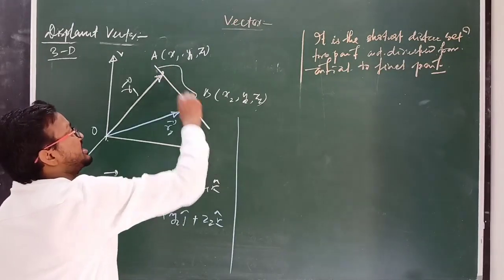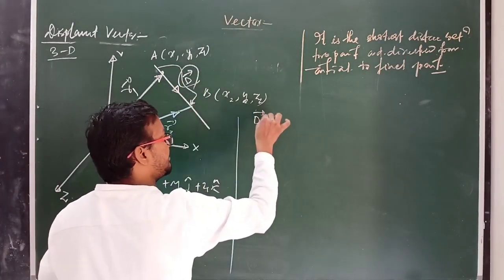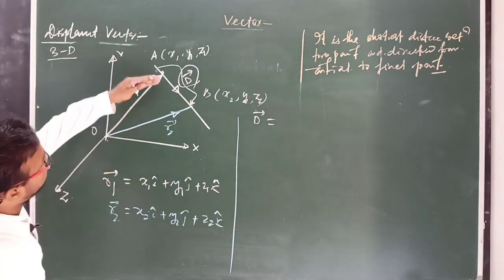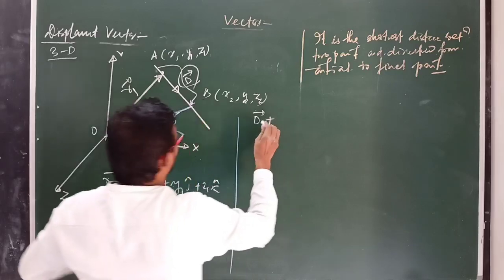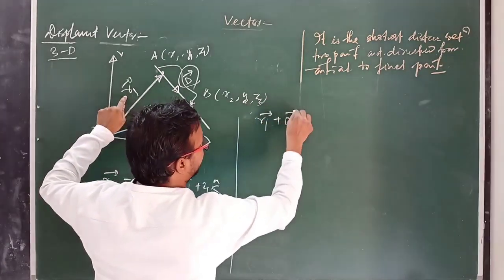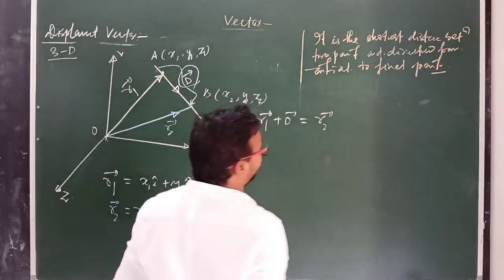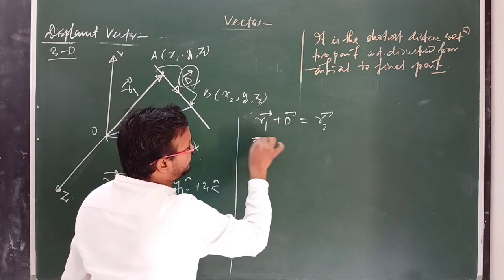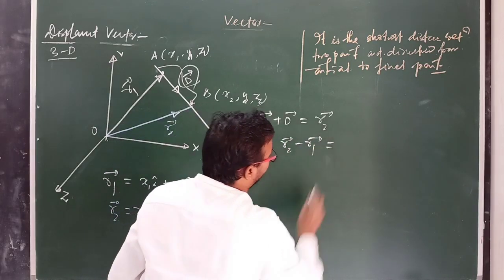This is known as the displacement vector, and this vector is D. So r1 vector plus D vector equals r2 vector, but we have to find displacement D equals r2 minus r1.